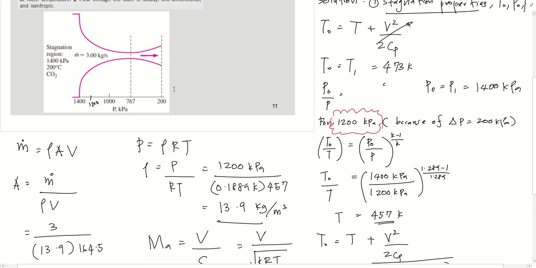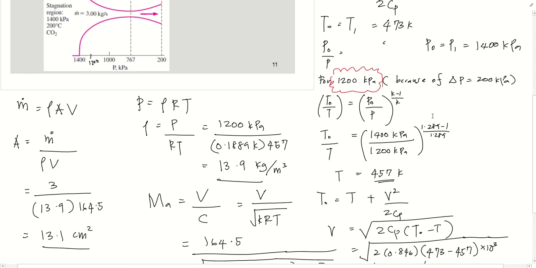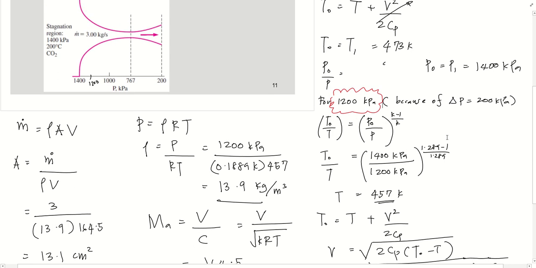Considering a pressure drop of 200 kilopascal, now it is 1200 kilopascal.